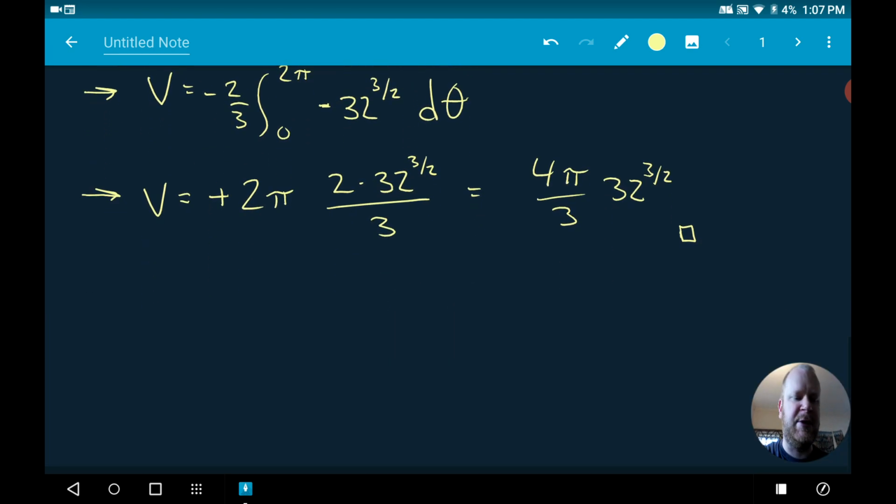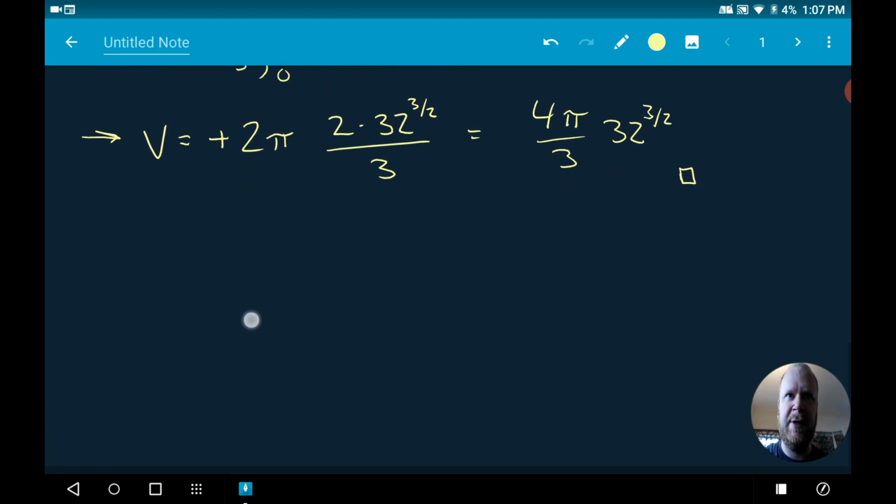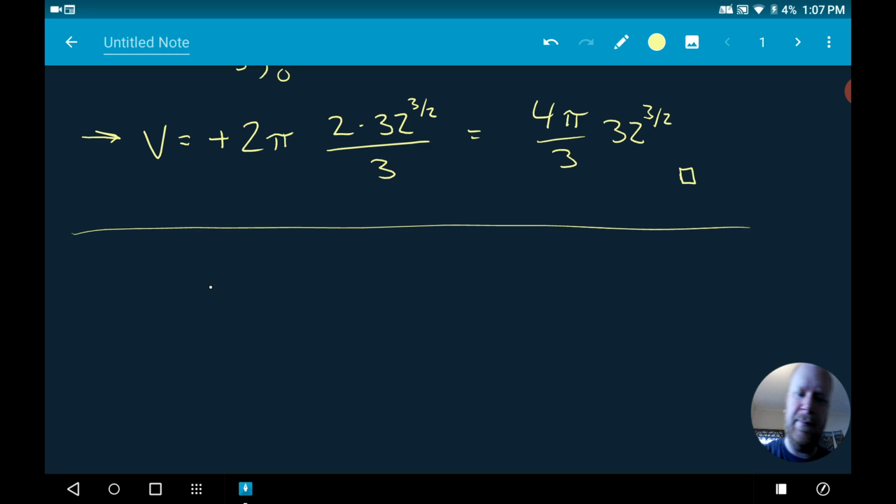I'll show the setup for cylindrical coordinates on this one, but my guess is that it'll play out exactly like it did here.